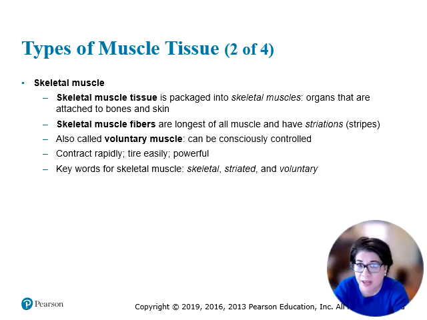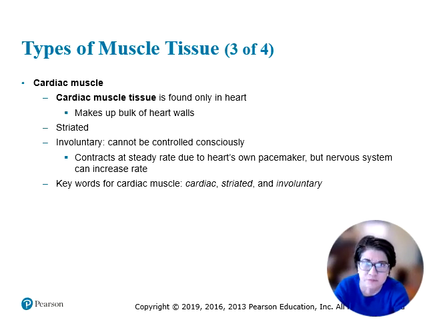They are considered striated, which we've seen. They are also considered voluntary because you have to think to contract them. They contract quickly, they tire easily, unlike smooth and cardiac, and they are powerful. So if you see skeletal, striated, and voluntary, those are kind of synonyms for skeletal.